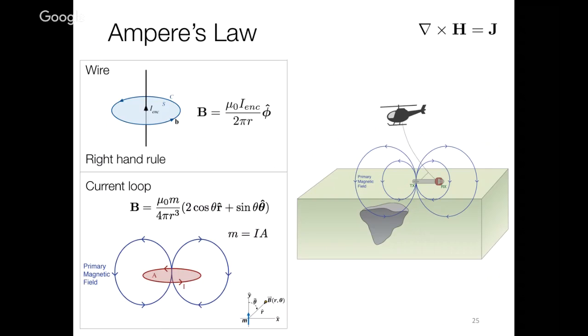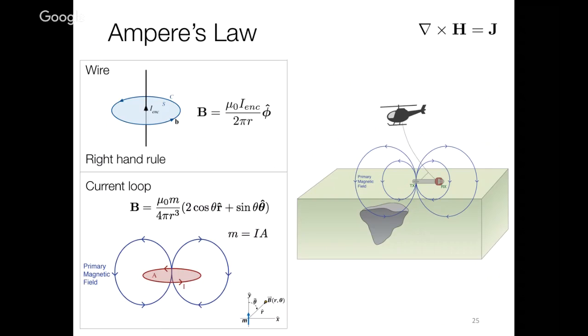When we were talking at the beginning of this course about magnets, we talked about the strength of the magnet. When we convert that to this formulation, the strength of the magnet, or the magnetic moment, M, is the product of the current in the loop times the area.